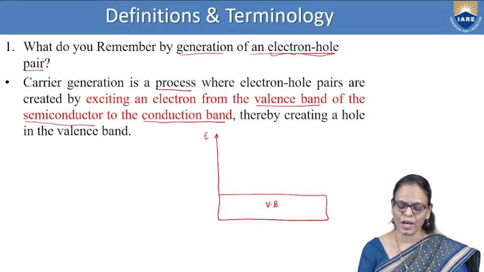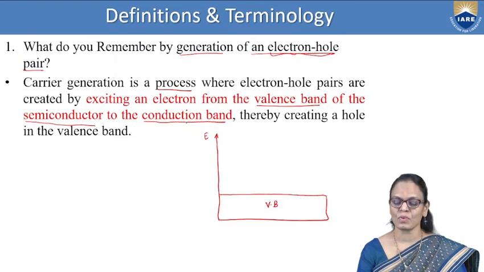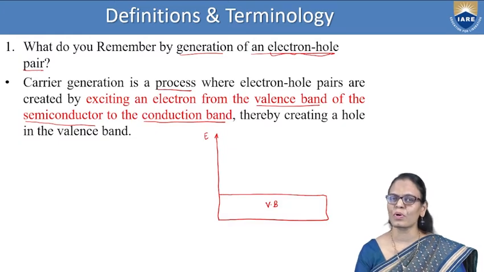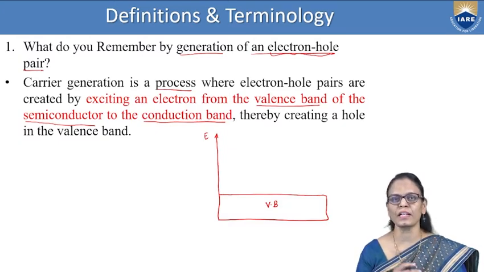Then we also have a conduction band. So conduction band represents the range of energies possessed by conduction electrons. What are conduction electrons? They are free electrons which are ready to conduct or which help in conduction.